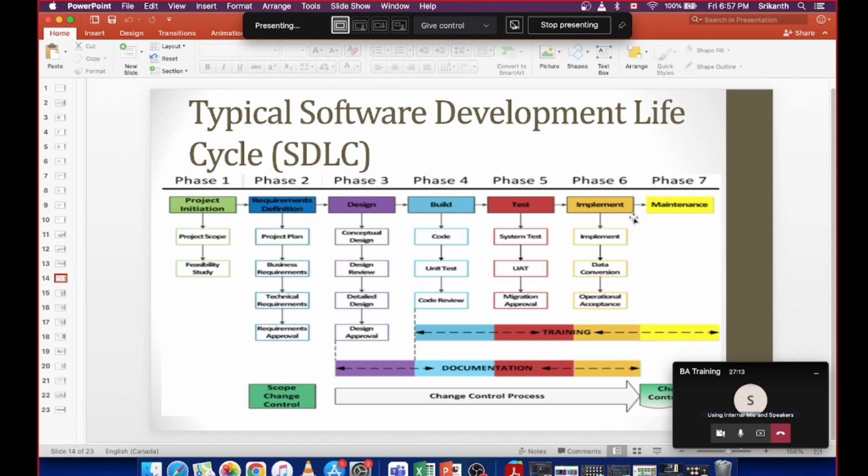So after that, the last phase is the maintenance one. After implementation and the whole deployment for production is done, in the maintenance stage there will not be any need of all the project team whoever worked on implementing this.